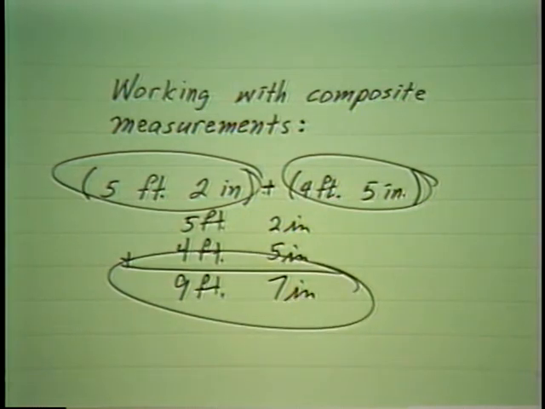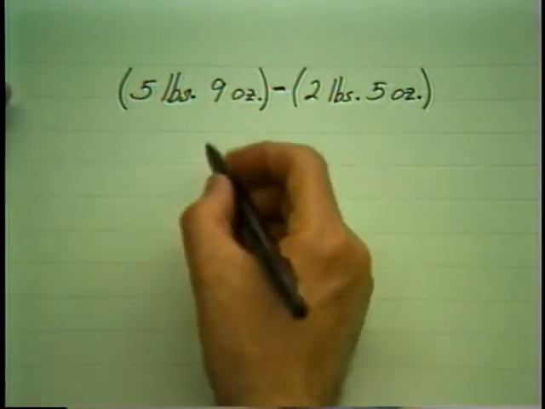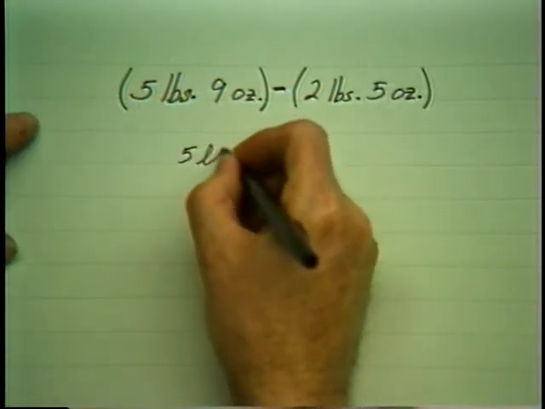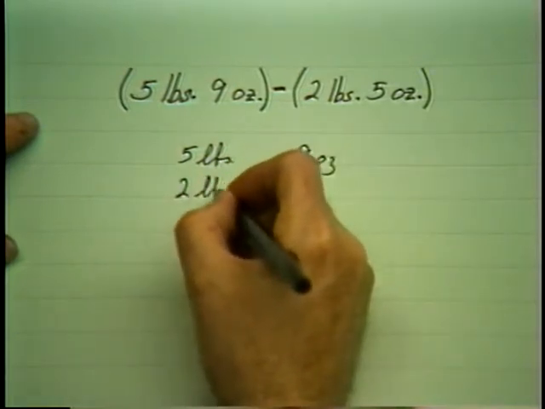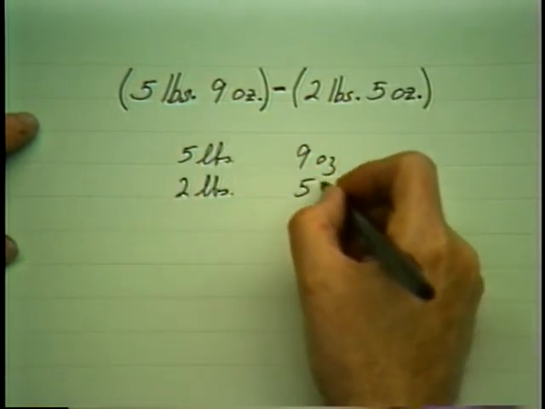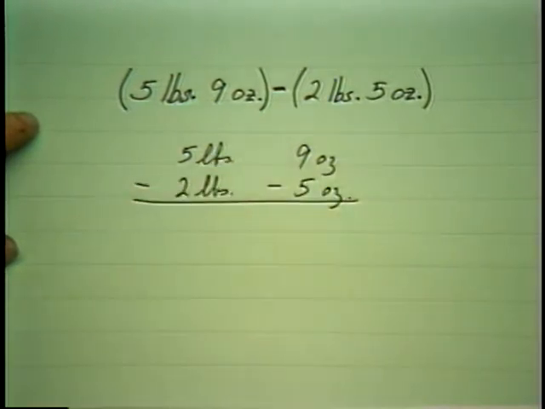Now it's the same with subtraction. When you have composite measures, then line them up by like units. Then subtract only the like units.